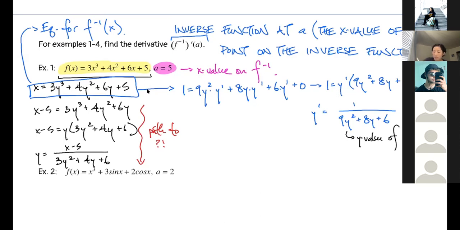Okay. Because this whole chain of thought was all about the inverse function. So inverse function, inverse function, inverse function. Now I need a y value of that inverse function. Do I have the y value for the inverse function? No, so sad.